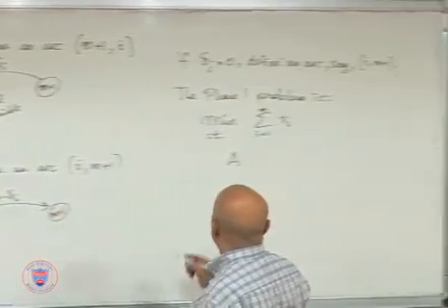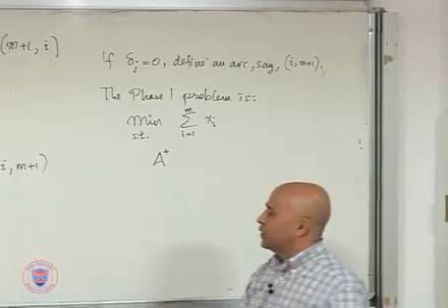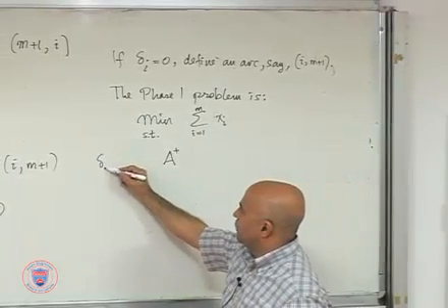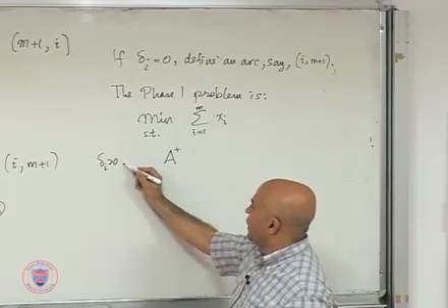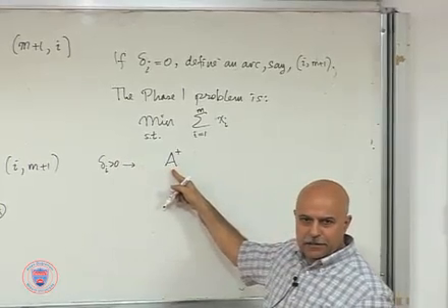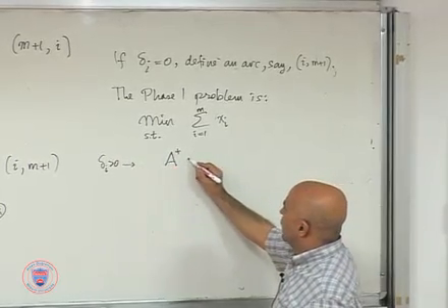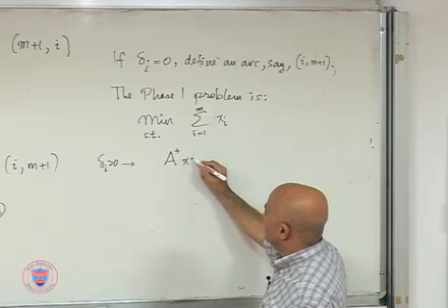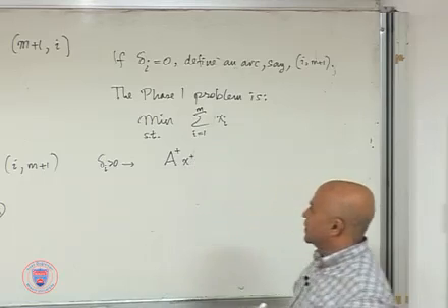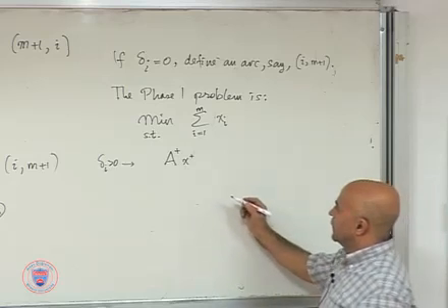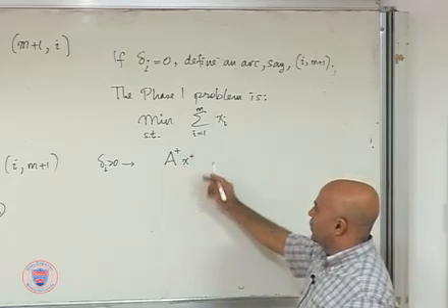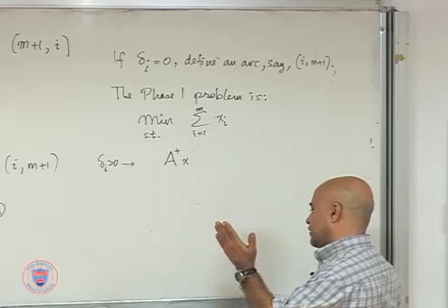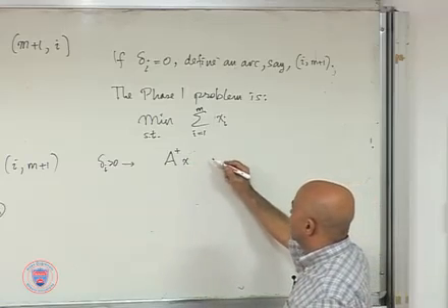So whenever delta i is positive, then row i goes into A plus. And of course, the vector x is also partitioned in the same way, say x plus. Well, actually, x does not change. Sorry.